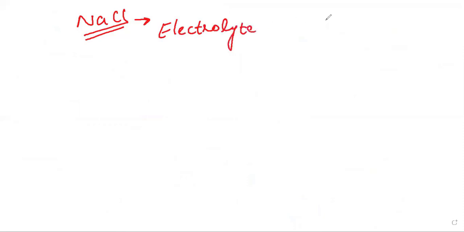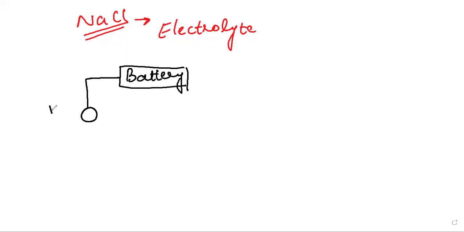NaCl is the formula of sodium chloride, and we have mentioned sodium chloride is an electrolyte. This is an experiment which we can also perform at home, and the experiment is like this. There is a cell, or we can say a battery, and one wire is connected to the battery, and this wire is connected with a bulb.